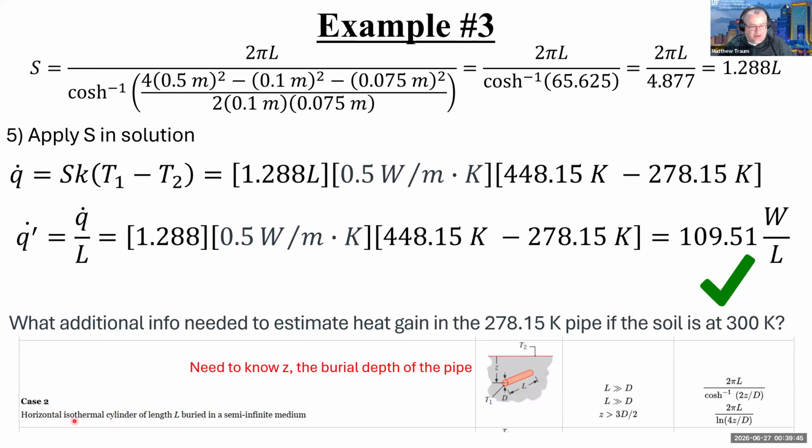So obviously I need to find the appropriate shape factor in the table, and I need to know Z, the burial depth. But once I know the appropriate material and Z of the burial depth, I can solve this just like any other shape factor type problem.